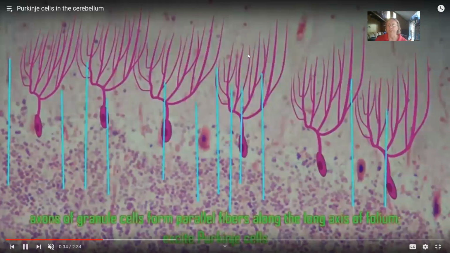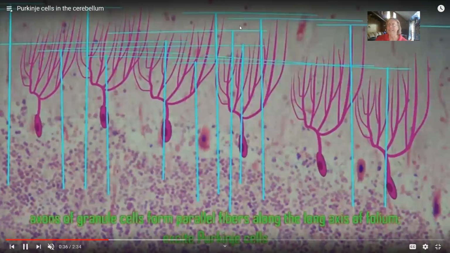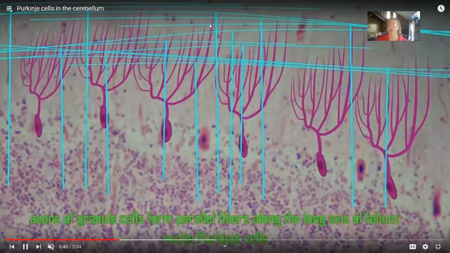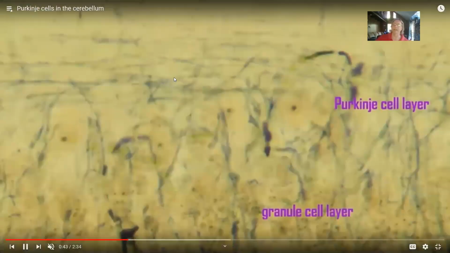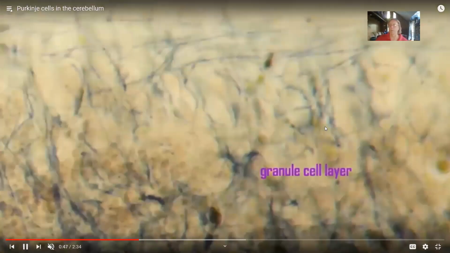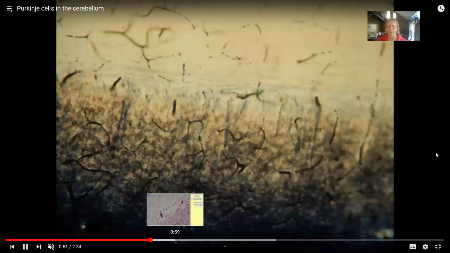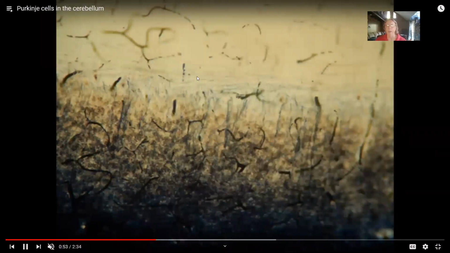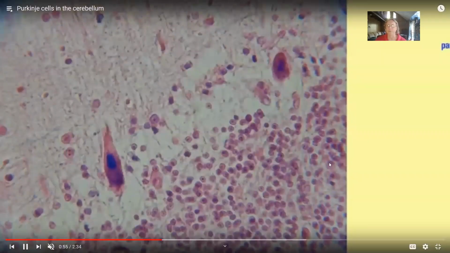And then the granule cells form those T-shaped axons known as parallel fibers, so that now each one can contact many of these Purkinje cells as it runs along the cerebellar cortex. So there you can see the parallel fibers.